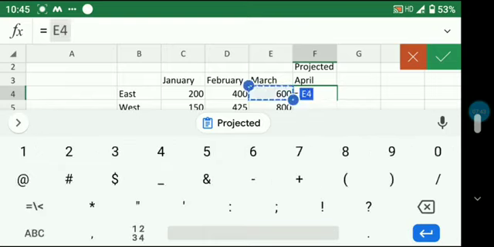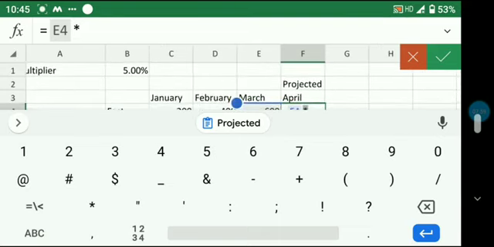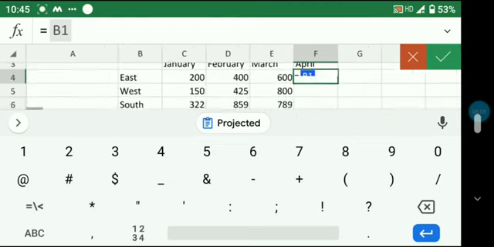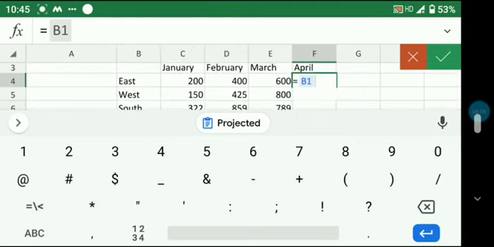Then multiply. You have to give the multiplication symbol. Then you have to choose the multiplier. My multiplier value is located over here. Initially I have to choose this one, multiply.